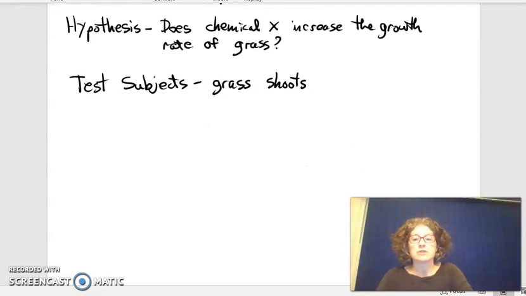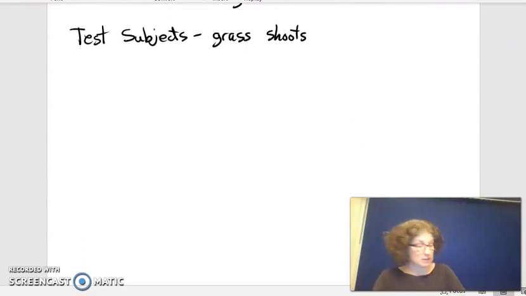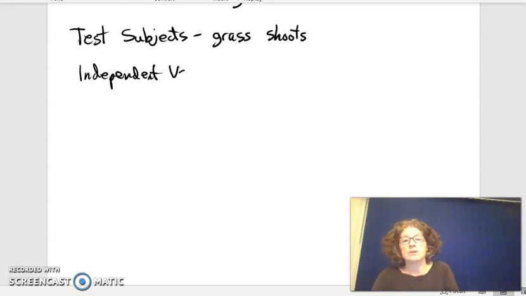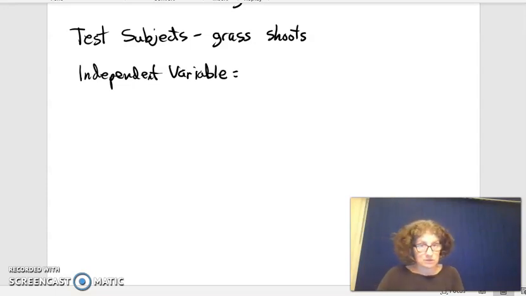So you may remember the terms independent variable and dependent variable. In this case, your independent variable is what you're going to subject your test subjects to. Your grass shoots, you want to treat them with different levels of fertilizer.